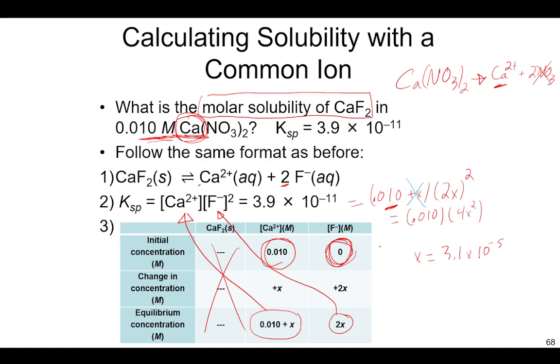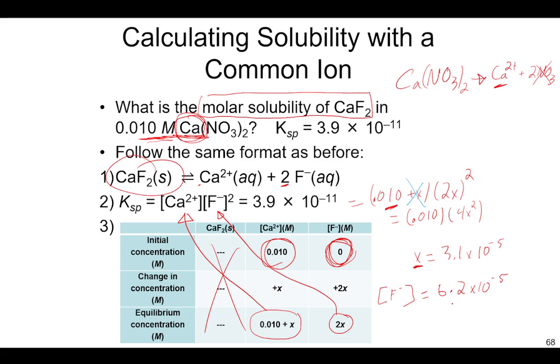And what I suggest here is to figure out what the non-common ion concentration is at equilibrium. So here, fluoride. And then use stoichiometry to move that back to the molar solubility of calcium fluoride. So here, the fluoride concentration is 2x. So 6.2 times 10 to the negative 5.